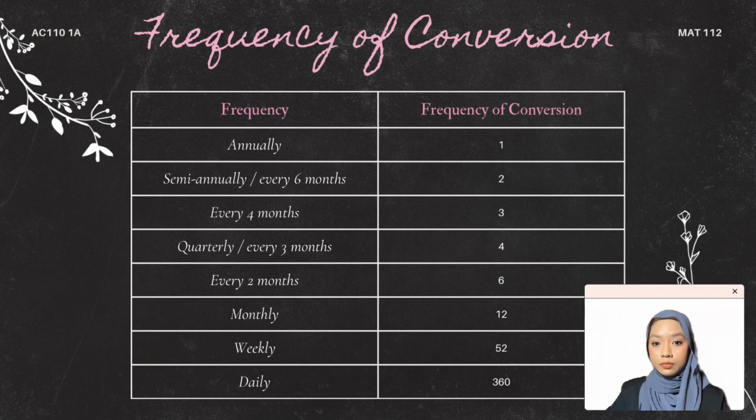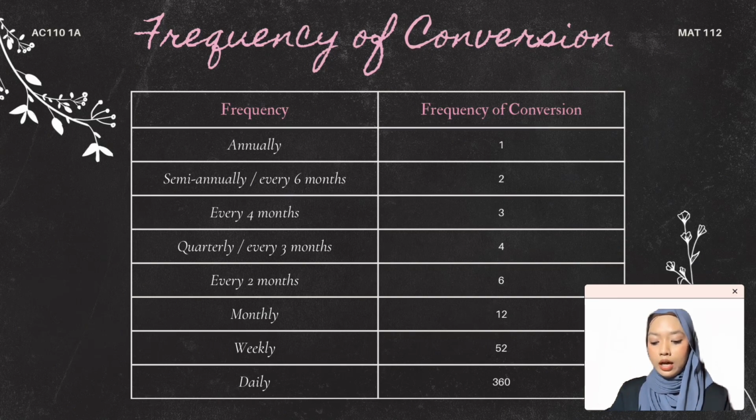Now I'm going to tell you guys about frequency of conversion. This means the number of interest periods calculated in a year, denoted by the symbol m, small m. When the question asks about annually, we must use the number 1.